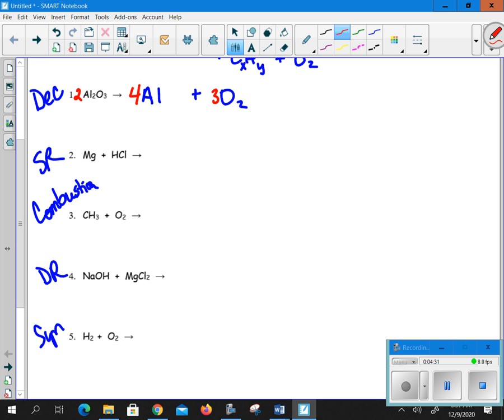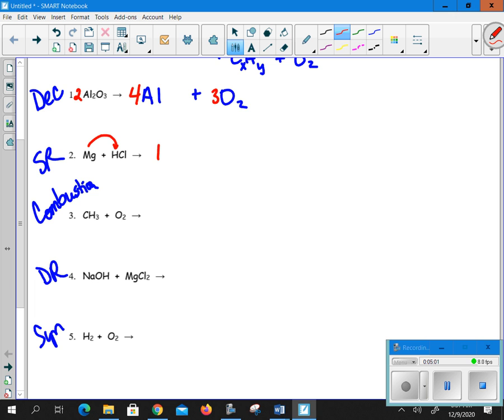Well, magnesium's a metal, and in my HCl compound, the only one of those that's on my activity series is hydrogen. So magnesium is looking to bump hydrogen out. Is magnesium higher on the activity series than hydrogen? When you look, yes, it is. So this can happen.